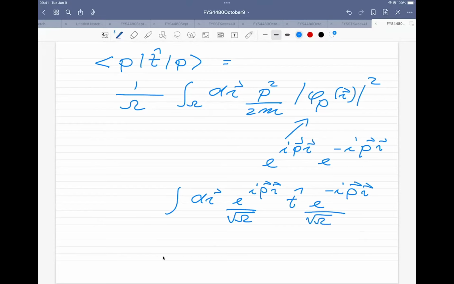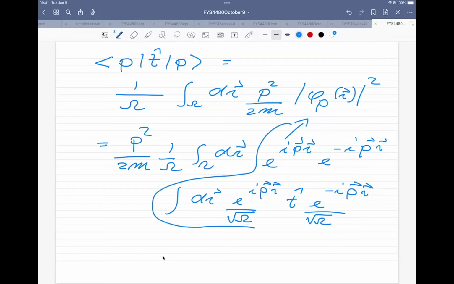This is essentially what I've done. So since p is not included as an integration variable, I simply have p squared over 2m, and then I have 1 over omega, and then an integral over the volume. That's it.